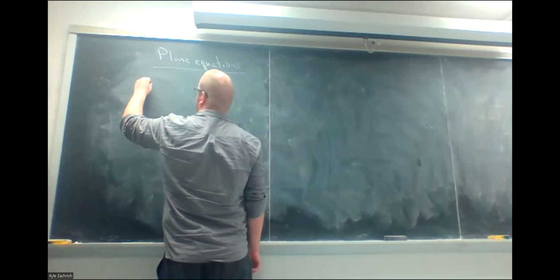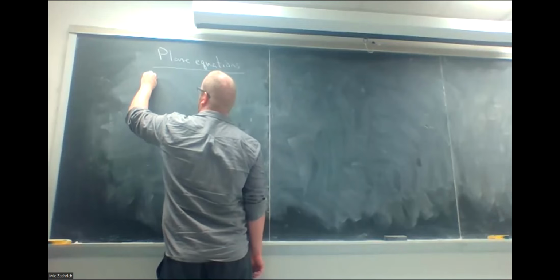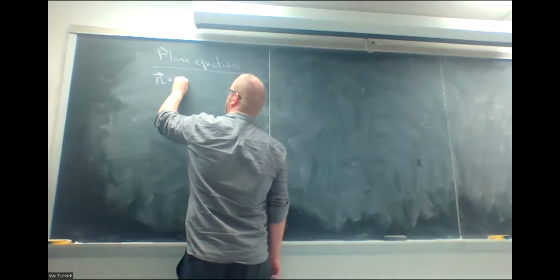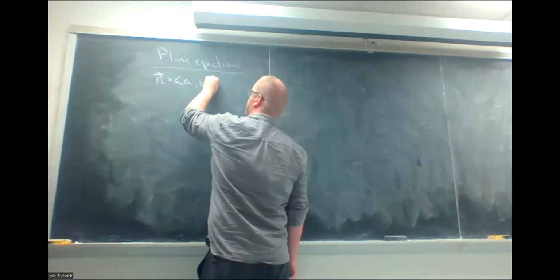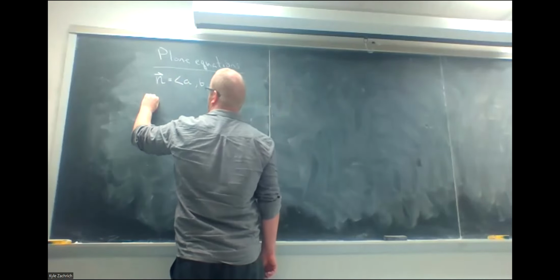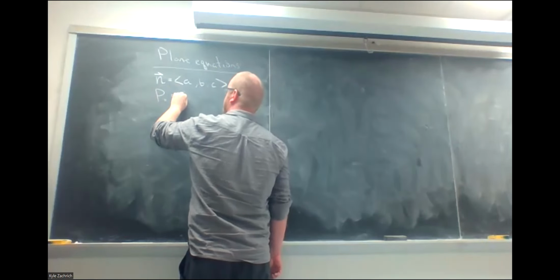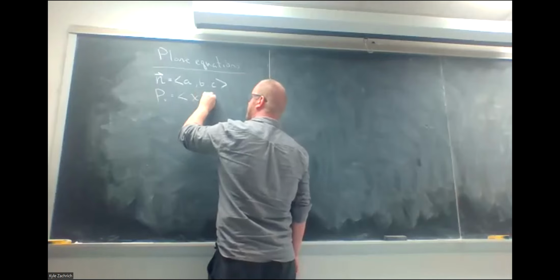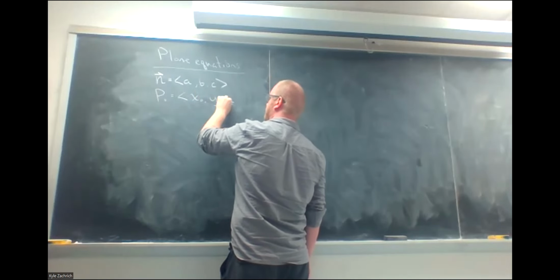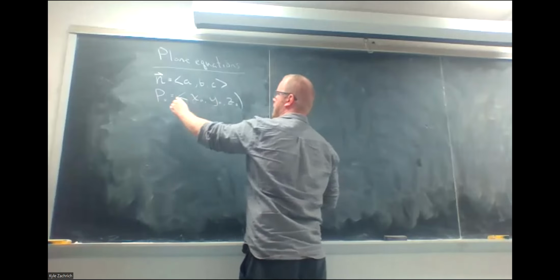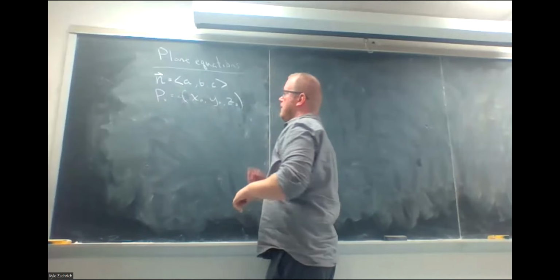One plane equation we have is that if you have a normal vector, it's A, B, C, and you have a point on the plane. So this is a point, not a vector.